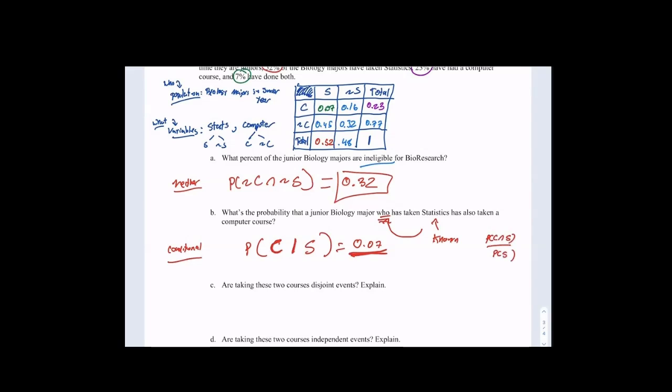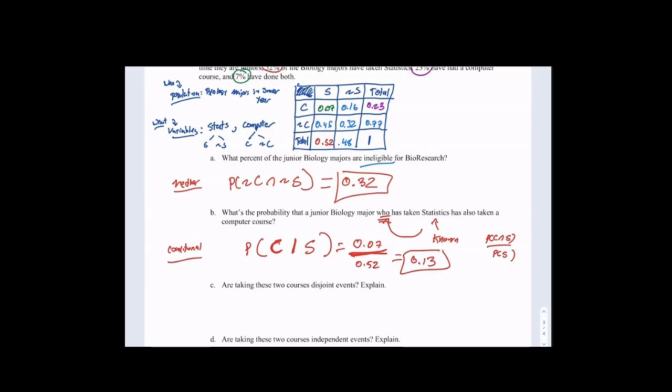What's the probability of stats? 0.52, good. Which gives me 0.13. Are these two disjoint? Yes or no? We got 2 minutes.